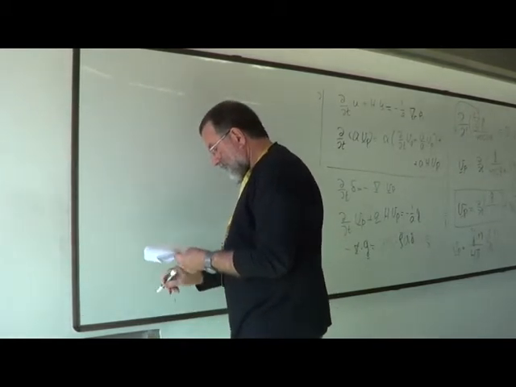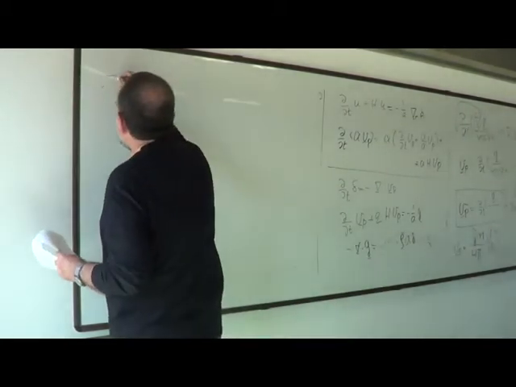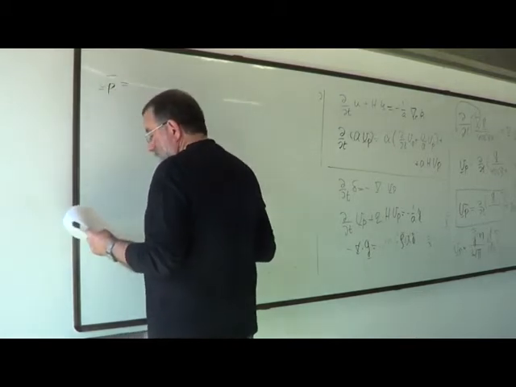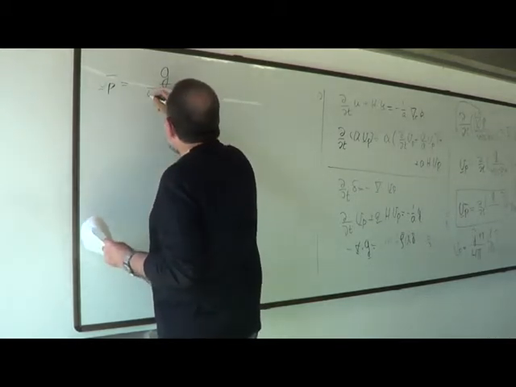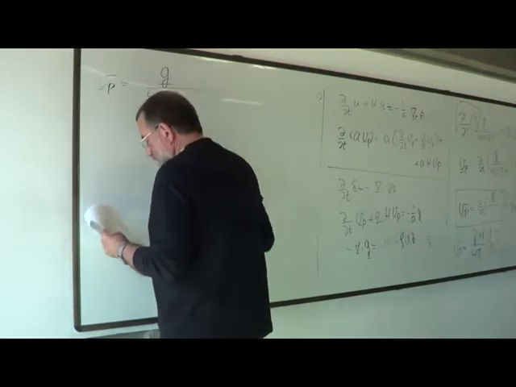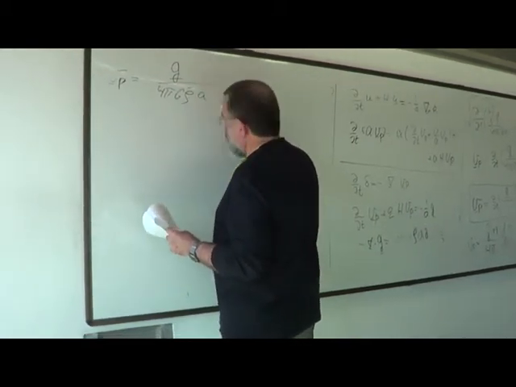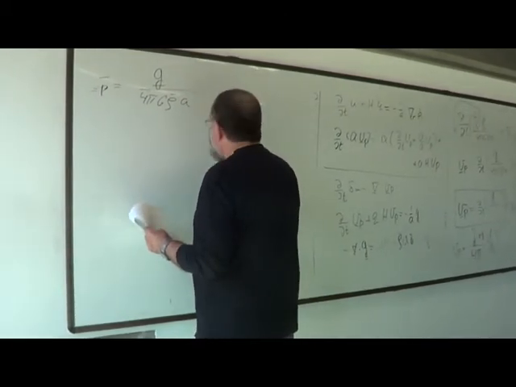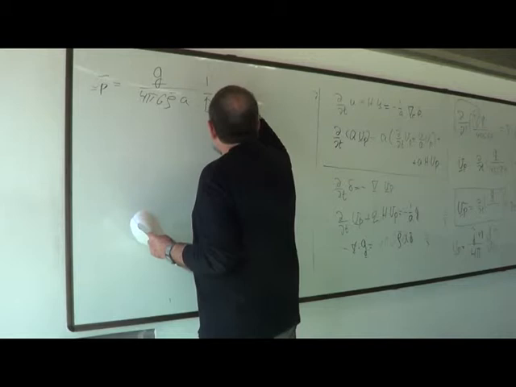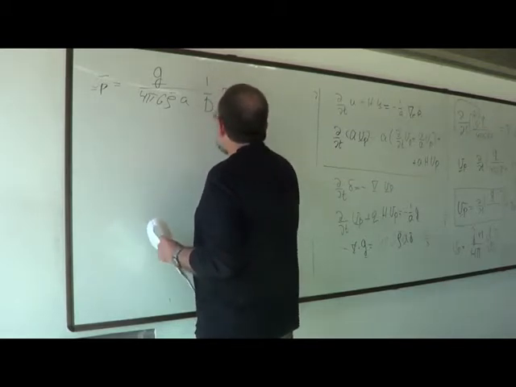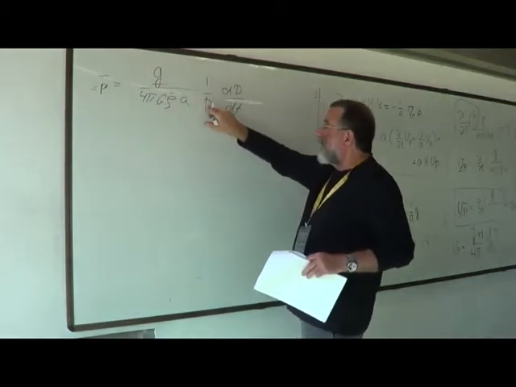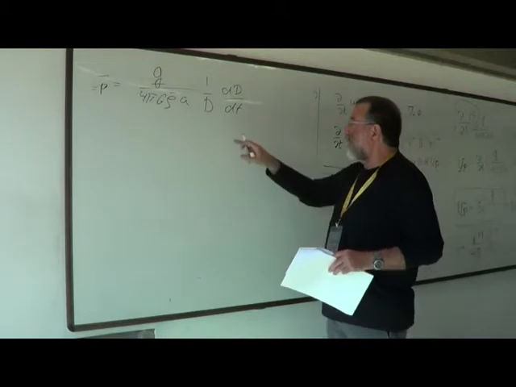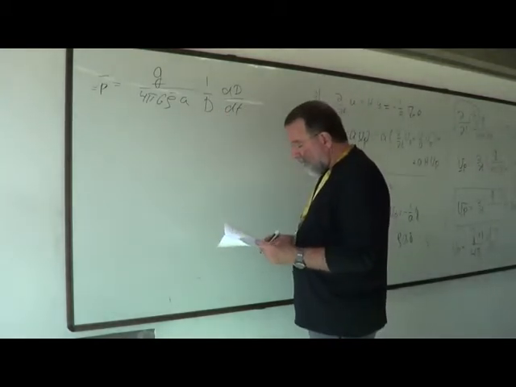We are getting that the peculiar velocity equals g. Now I'm writing the full thing with the g field. Okay, over 4 pi g rho bar times a. Okay, now it's 1 over d, d by dt. I have now, because I have this expression for d, this growth function d, so I'm getting it back here. So that's what I'm getting at the end.